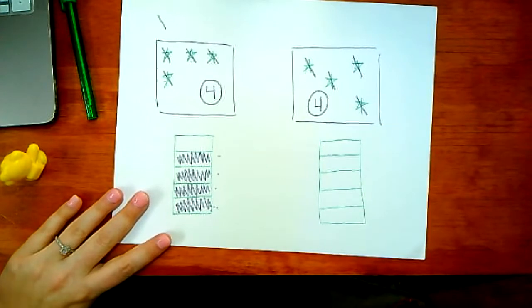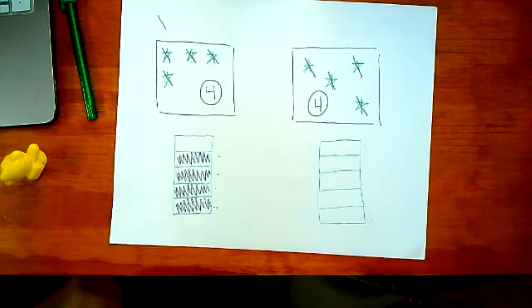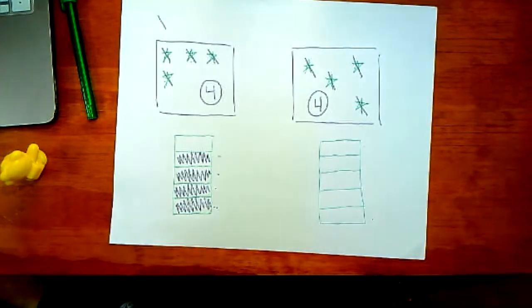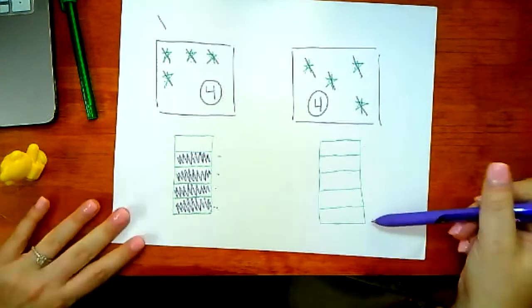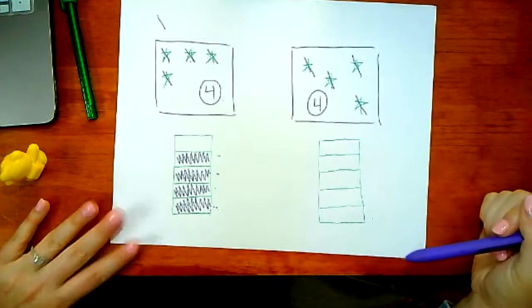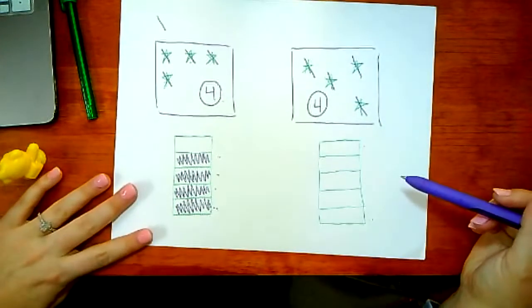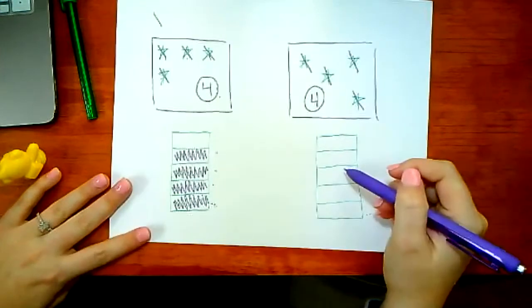So I want you to think to yourself, do I start at the top or the bottom? Go ahead and think about that. Where am I going to start when filling in my rectangles here or filling in my column? The top or the bottom? I'm going to fill in the bottom going up. Good job. Ready?